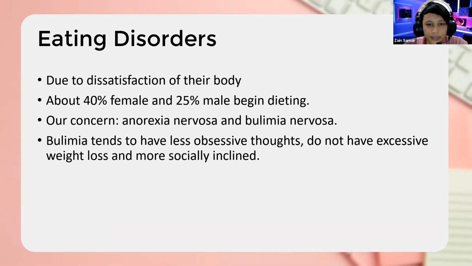The difference between bulimia and anorexia is that bulimia has binge eating and purging, meaning they binge eat and then purge, which means vomiting by themselves, not because of diseases, but because they worry that they will have weight gain. But bulimia is not really as severe as anorexia.